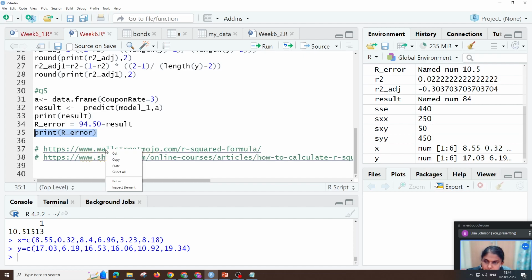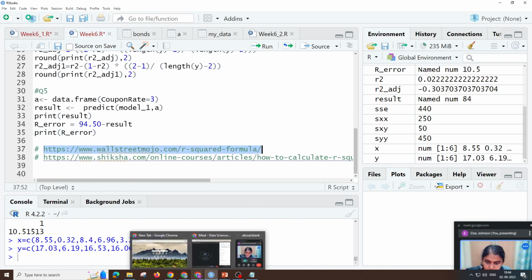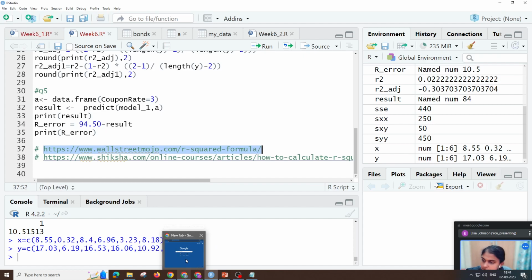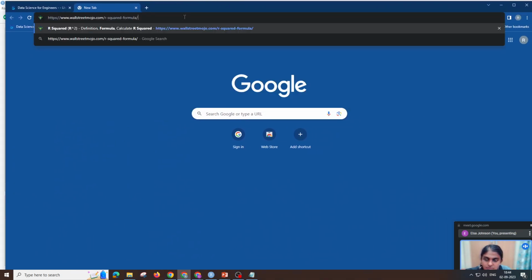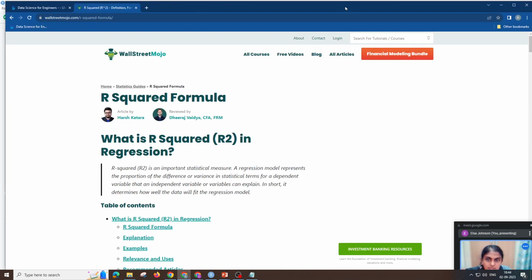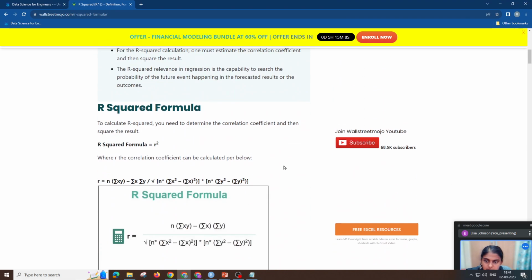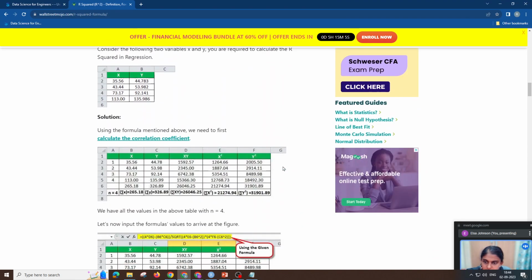I will just paste this in the browser, and okay, so if you see, for an example they have given x and y values here.